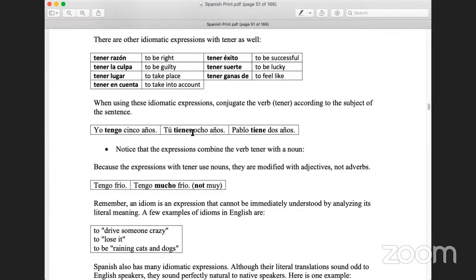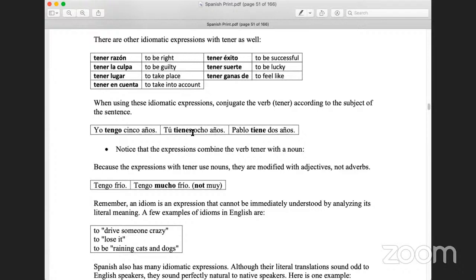Okay, notice that the expressions combine the verb tener with a noun because the expressions with tener use nouns. They are modified with adjectives, not adverbs. Tengo frío, it means I'm cold. It literally means to have cold. Tengo mucho frío, not muy. Okay, much. I am very cold, or I'm much cold.